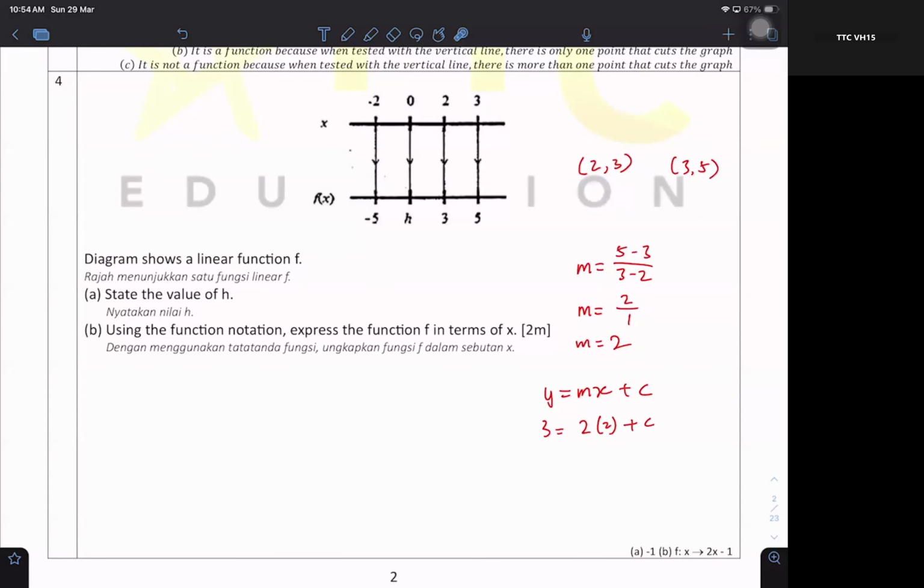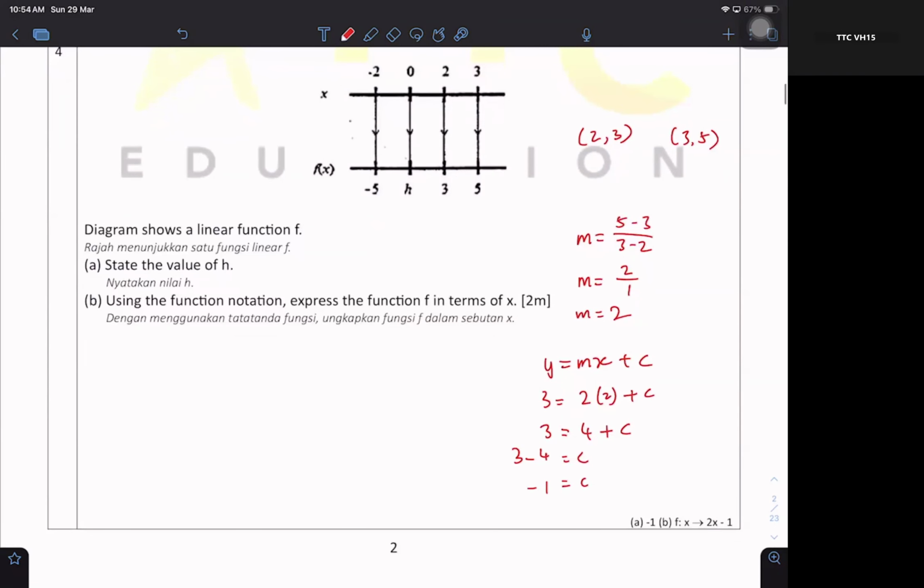Then from here you can find the c. 2 times 2 is 4. Then 4 you bring over, 3 minus 4 is negative 1. So the c is negative 1, right? Then you can write out your function.